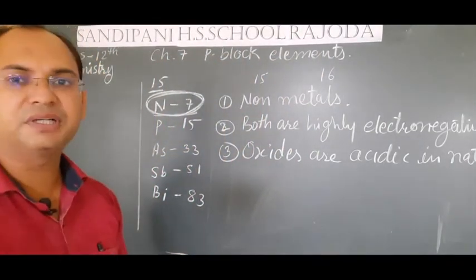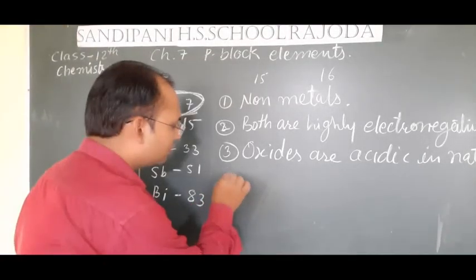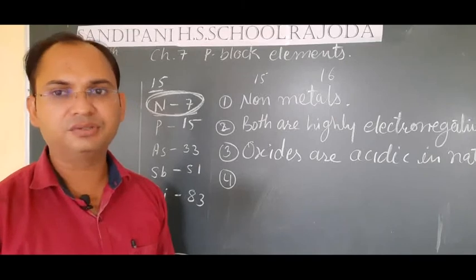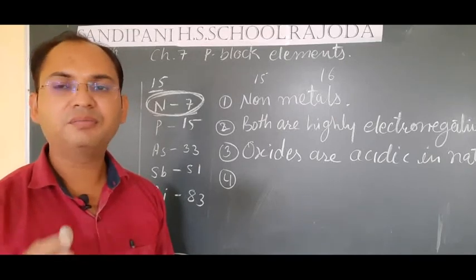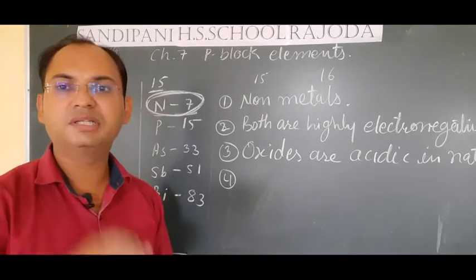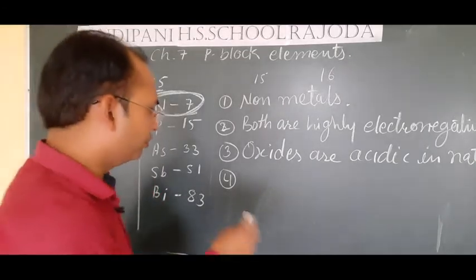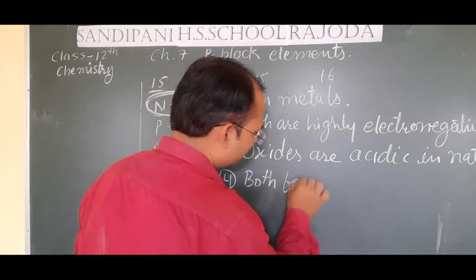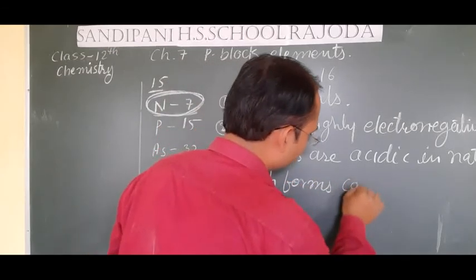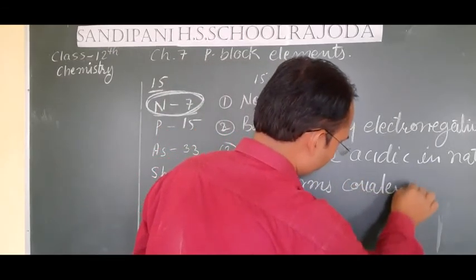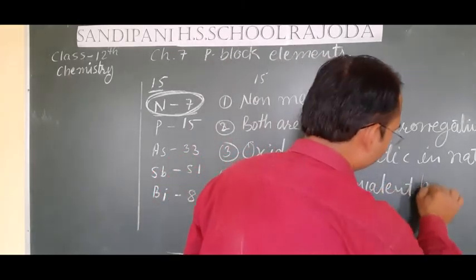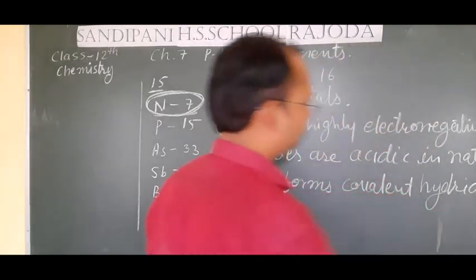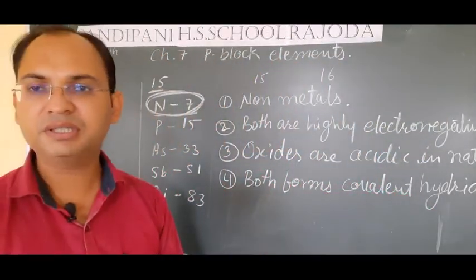And the fourth property is that whenever nitrogen and sulfur react with hydrogen, they form covalent hydrides. With hydrogen they form covalent bonds. So both form covalent hydrides. Hydrides means whenever they react with hydrogen.